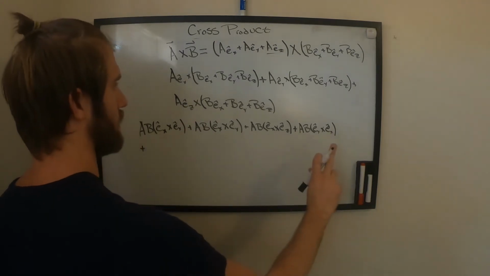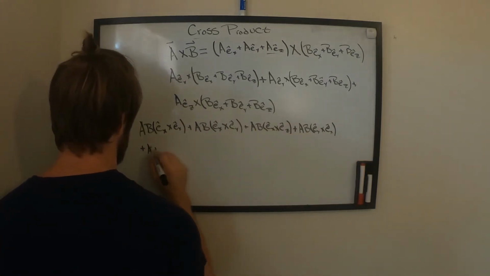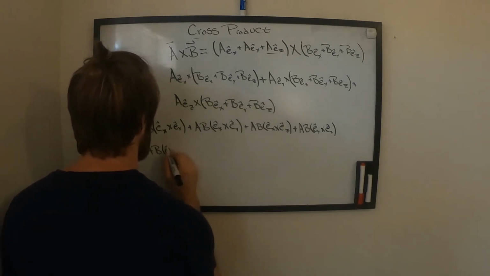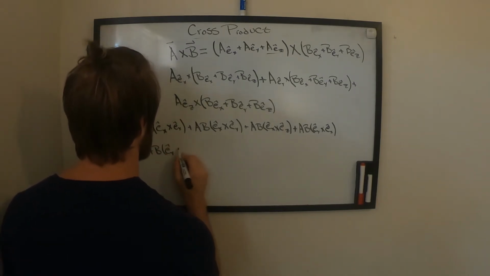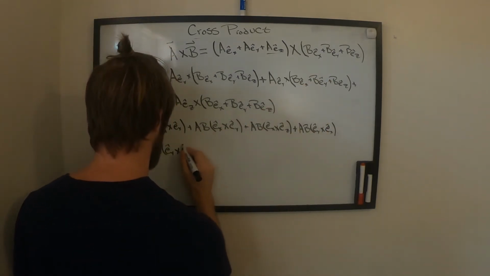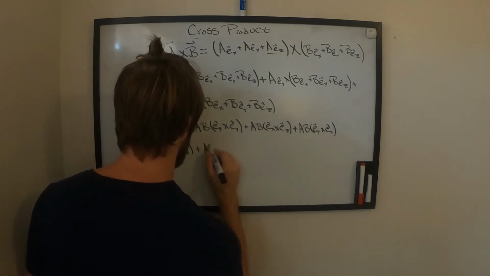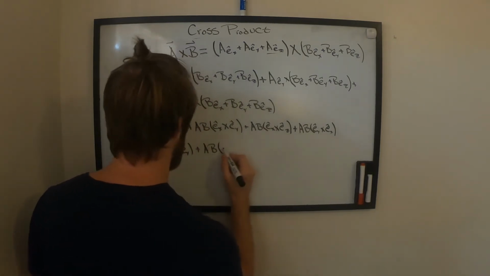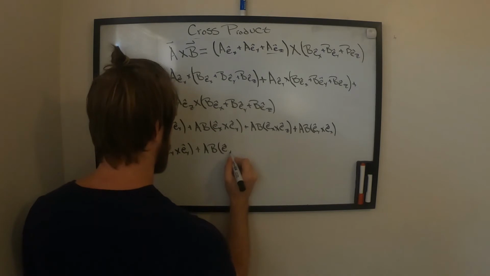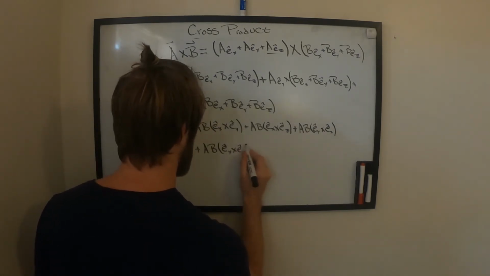I'll move out of the way in just a moment. So e-hat y cross e-hat x, we're going to have AB with e-hat y cross e-hat y plus AB, where we're going to have e-hat y cross e-hat z.